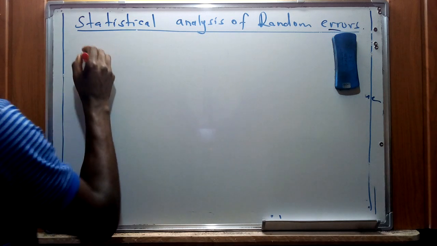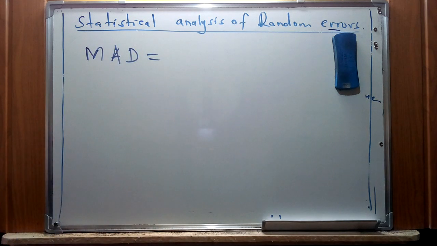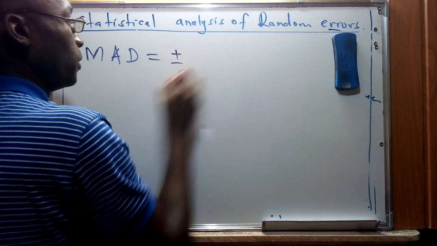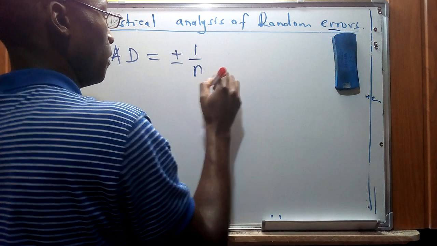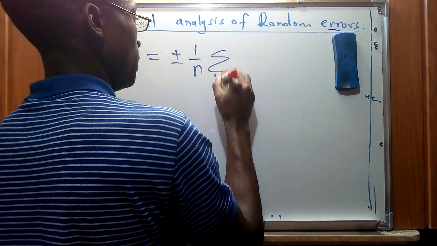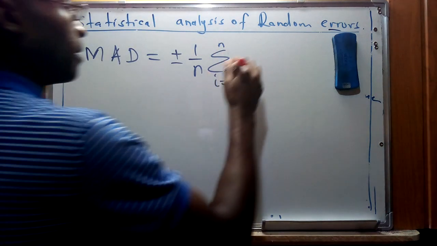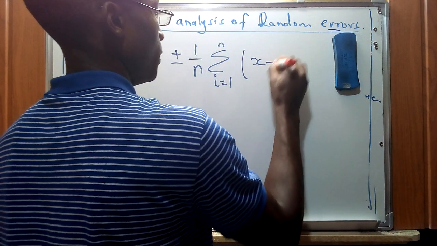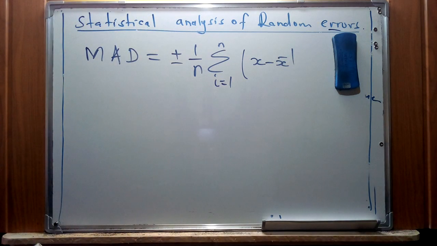So I'm going to give it an initial as mean absolute deviation, which is given as positive or negative, a summation from 1 to n of this specific division that we have given as such.